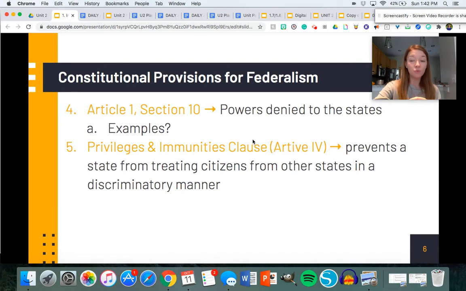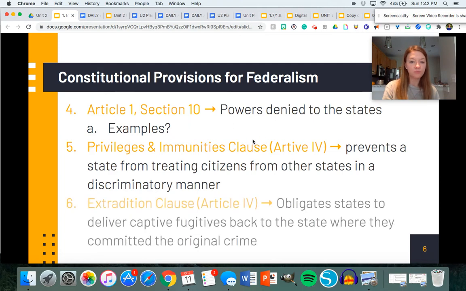This clause prevents a state from treating citizens from other states in a discriminatory manner. The purpose of this clause really was to facilitate the unification of all of these independent states into one federal nation. So this does prevent a lot of discrimination between states as citizens of states.